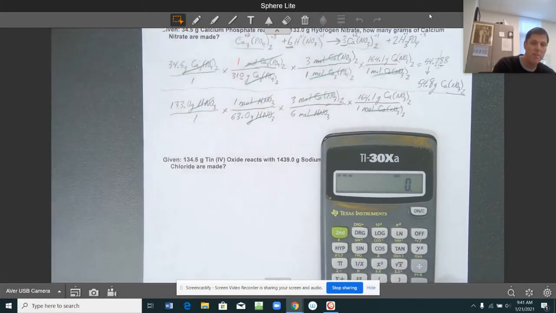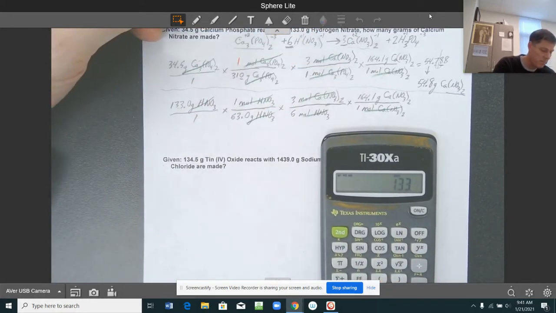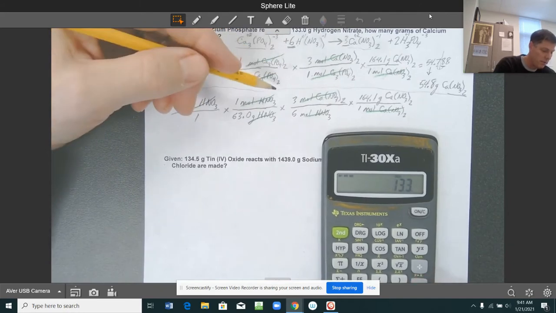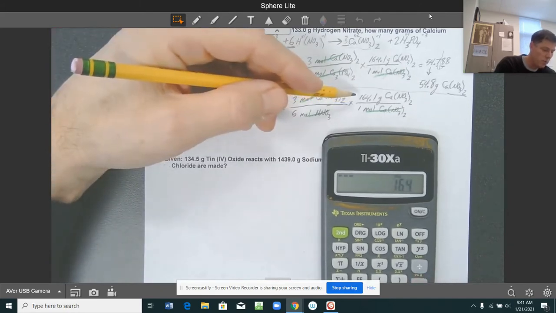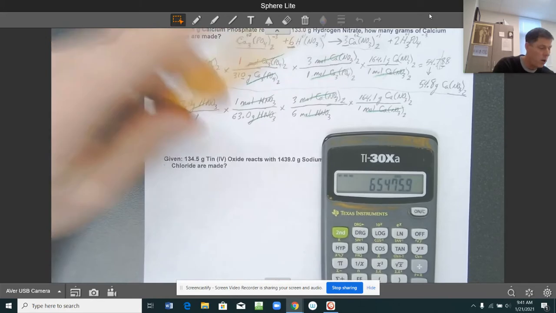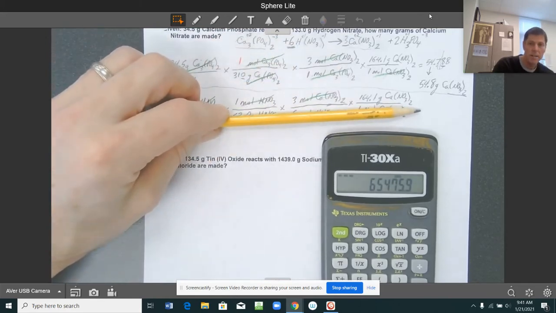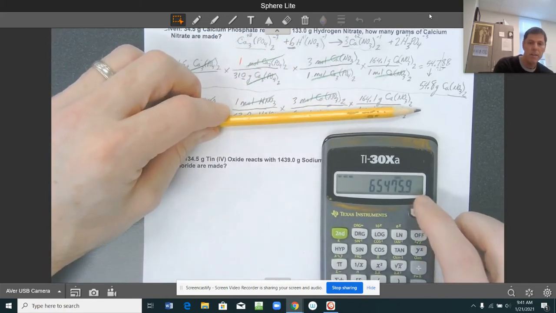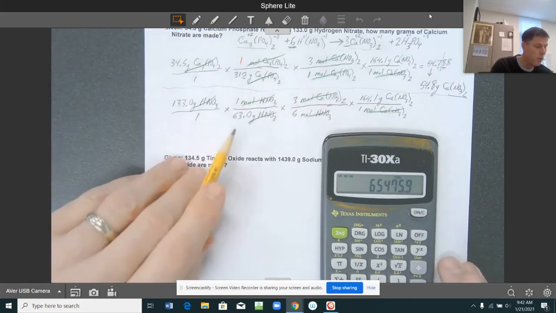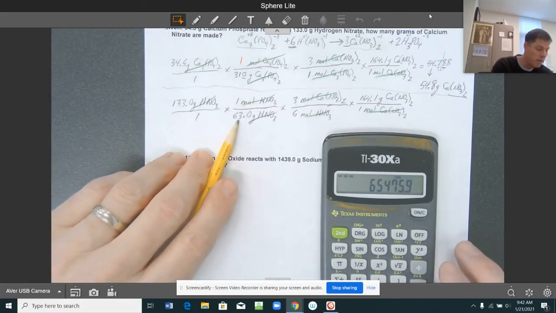I multiply everything together on the top. Times 1, times 3, times 164.1. And then I hit equals. All I've done so far is that top. But I'm not clearing this. I'm now going to go onto the bottom. And everything on the bottom, we divide by.